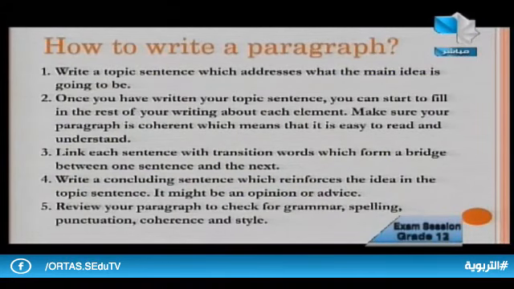Make sure your paragraph is coherent, which means that it is easy to read and understand. Number 3, link each sentence with transition words, connecting words, which form a bridge between one sentence and another. First, second, last, finally, after that, then, before, etc. To link, we can use because, for example, why not?